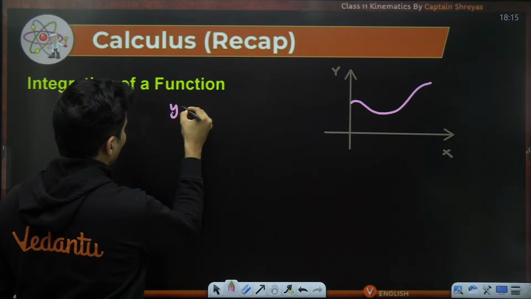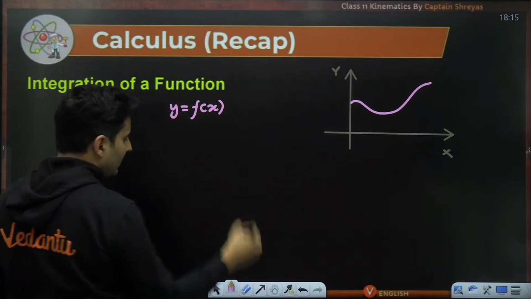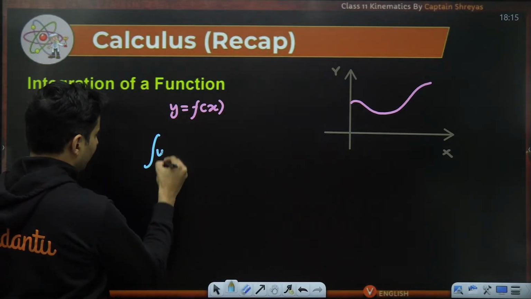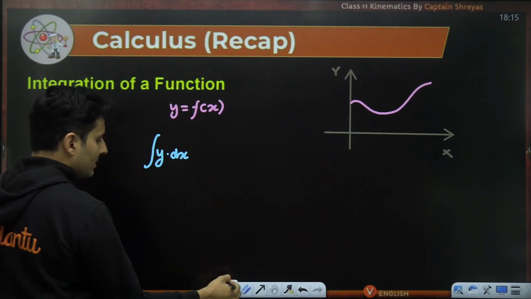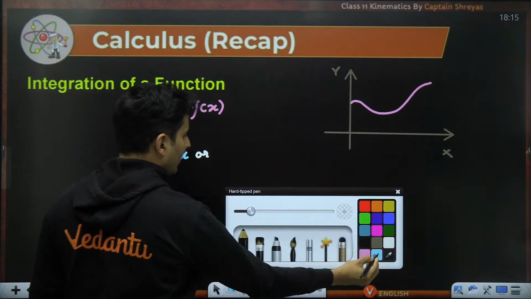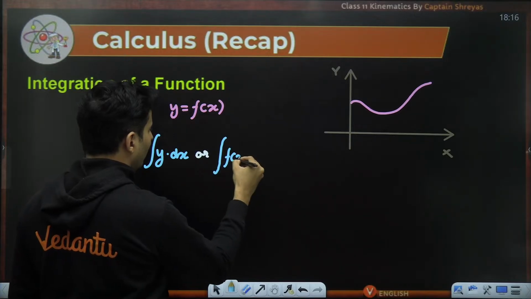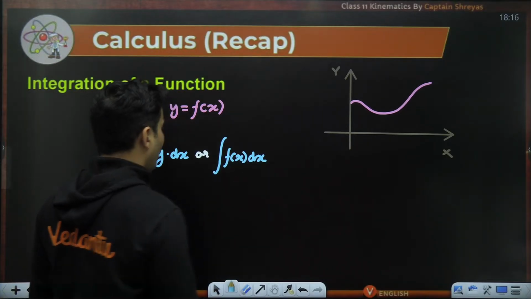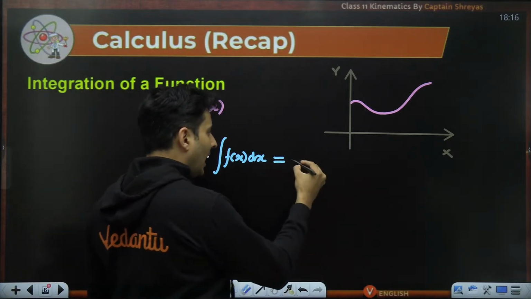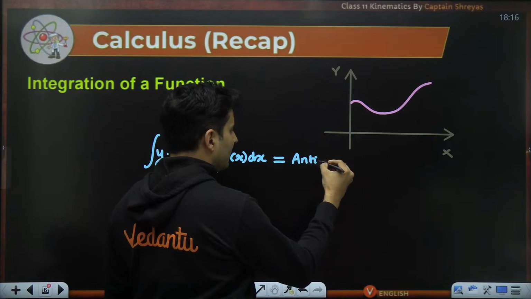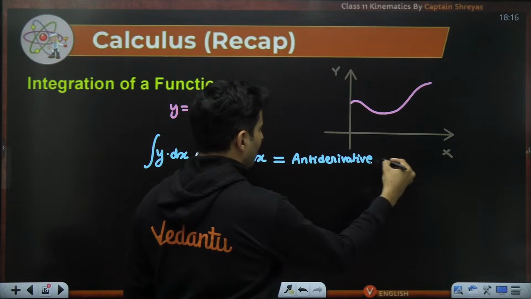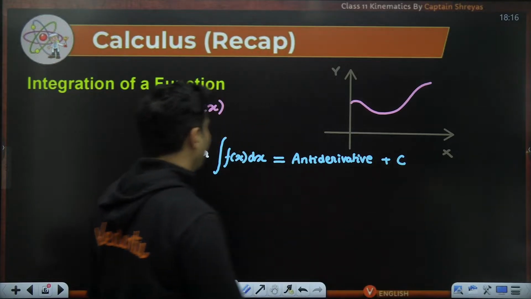Then the integration of that particular function, so integration of y with respect to dx, or you can also call it integration of f of x dx, is nothing but the antiderivative, antiderivative plus a constant of integration.